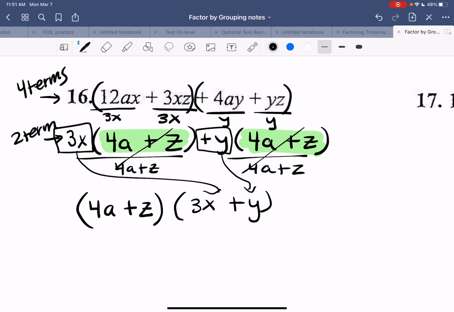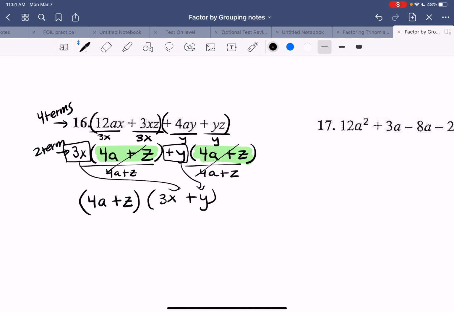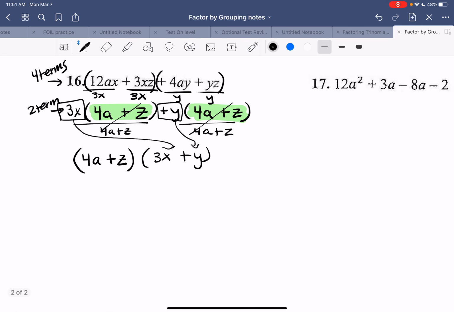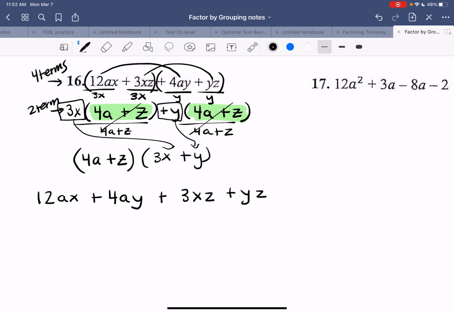So what I'm going to do is show you that this could have also been written another way. In this example, I also see 12ax plus 4ay. I noticed that these two terms have a common factor, and 3xz plus yz also have a common factor that we could factor out.